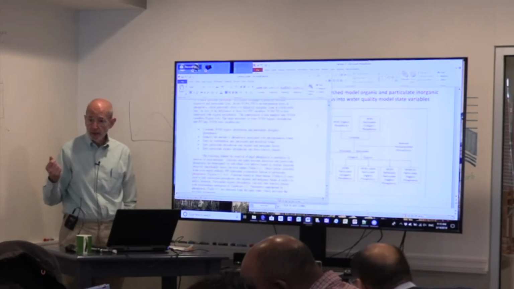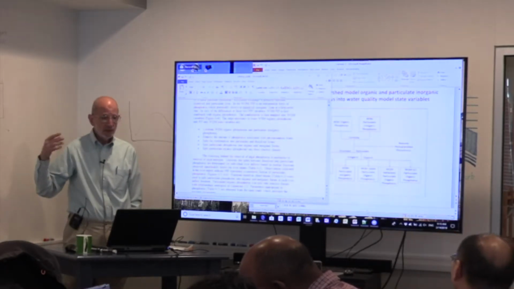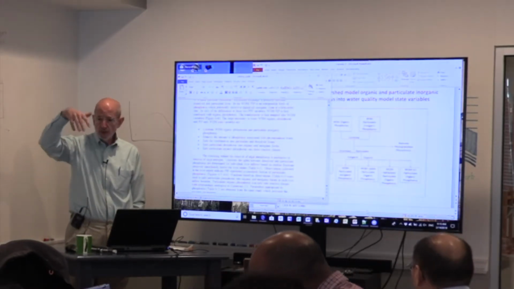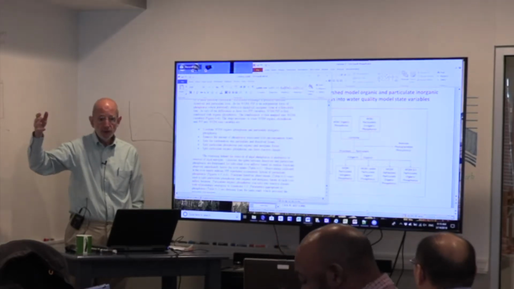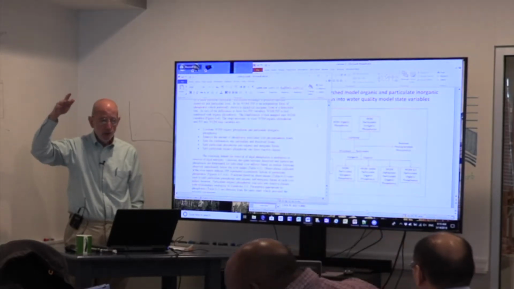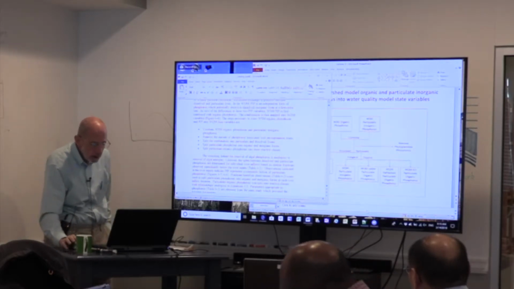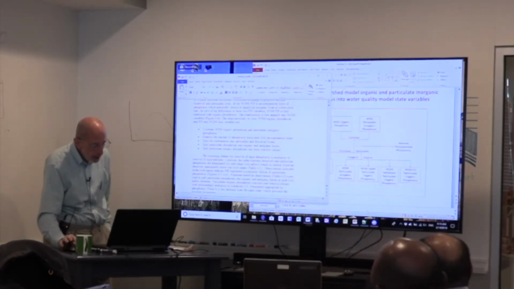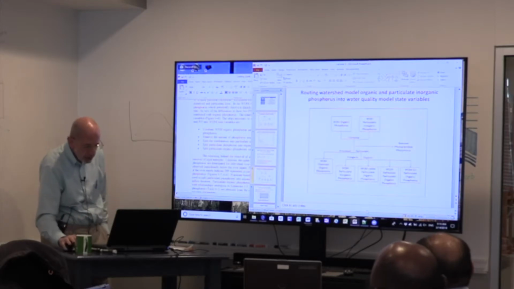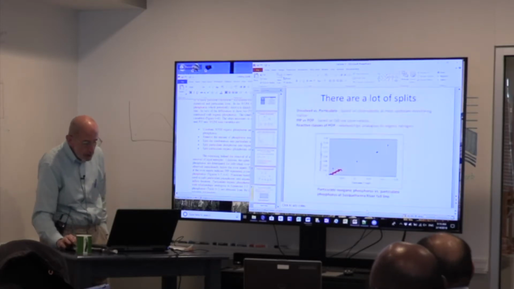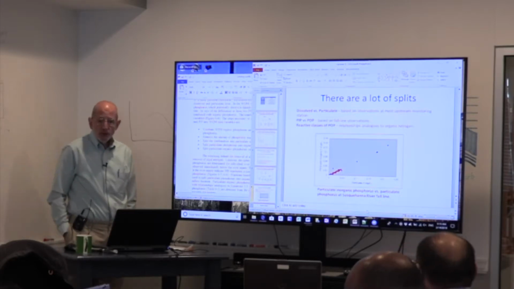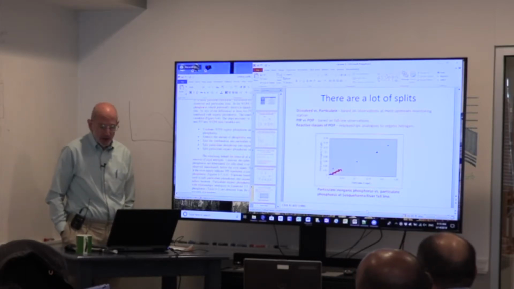They aren't identical, but effectively it's the same thing. It's a constant until you hit 6,500 cubic meters per second, then the G1 and G2 fractions diminish. It's in this drawing, it's in your text. So you see, there's a lot of splitting going on here.